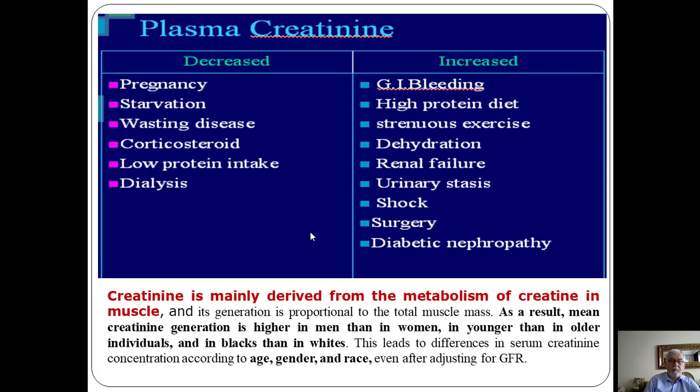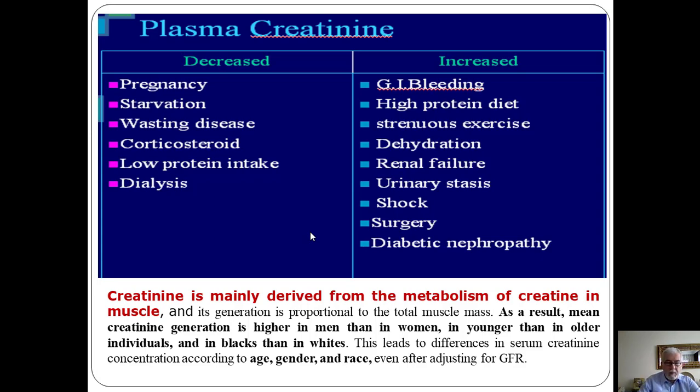It decreases during pregnancy, starvation, wasting disease, corticosteroid use, low protein intake, and dialysis. And we can see increased plasma creatinine concentration with bleeding, high protein diet, dehydration, especially in renal failure, urinary stasis, shock, surgery, and diabetic nephropathy.